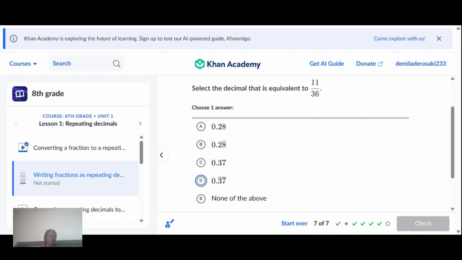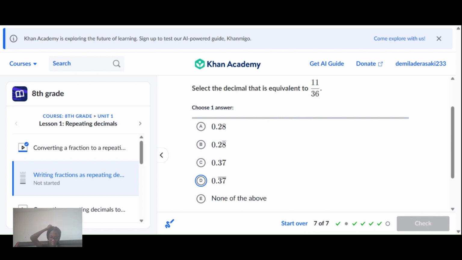Now let's continue. 110 minus 108 makes 2. Then you add another 0 and another 0 again. Let's try 36 times 6, which makes 216. Okay, so let's think. This is complicated. I don't think any of the answers in here is correct.